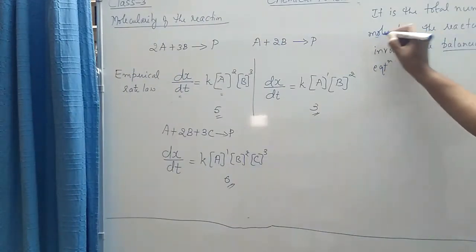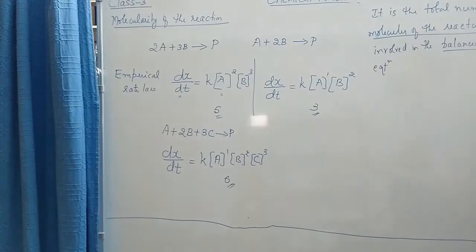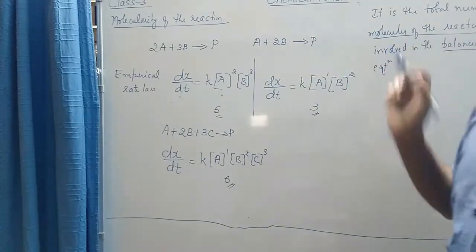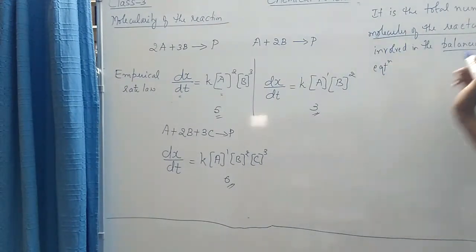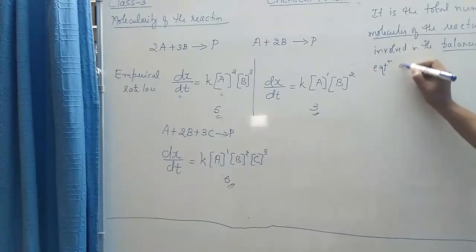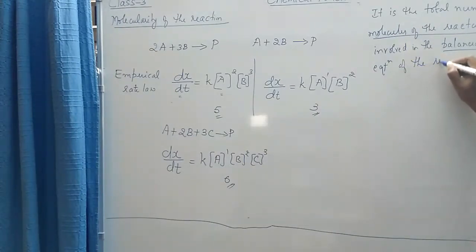So the definition is very simple. It is the total number of reactant molecules involved in a balanced chemical equation of the reaction.